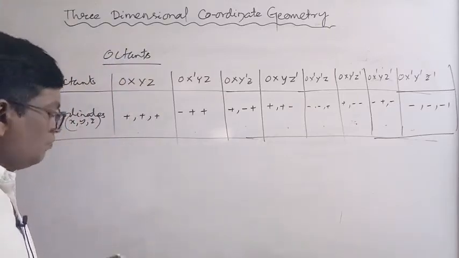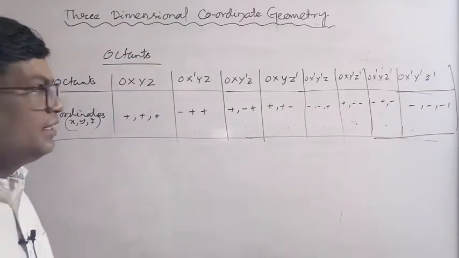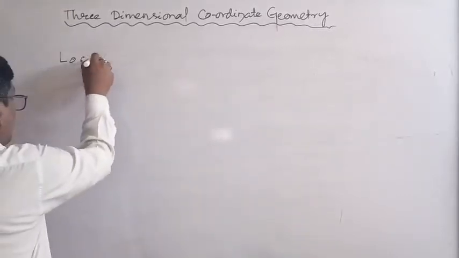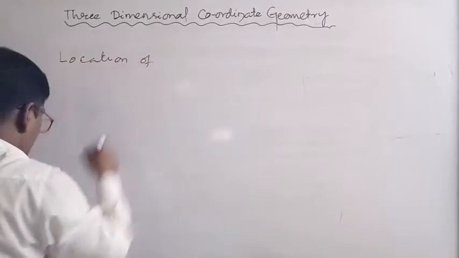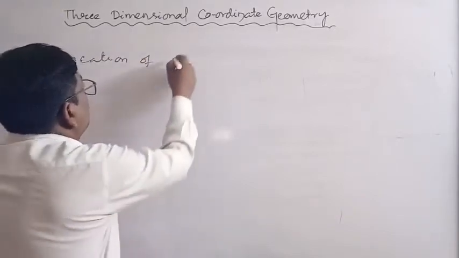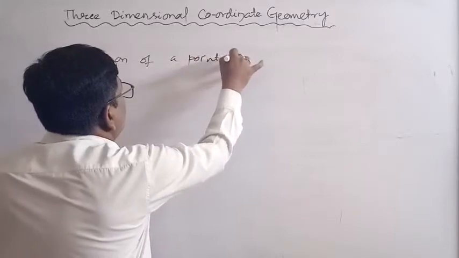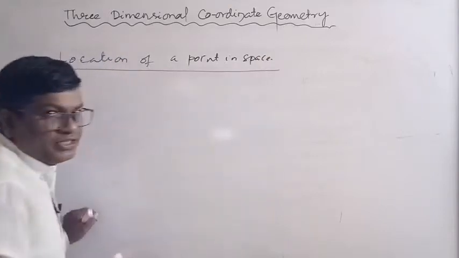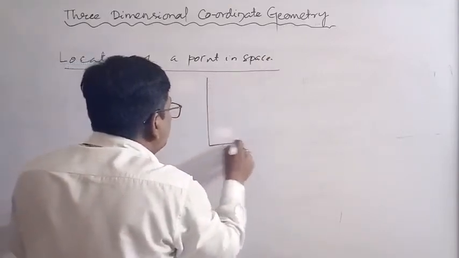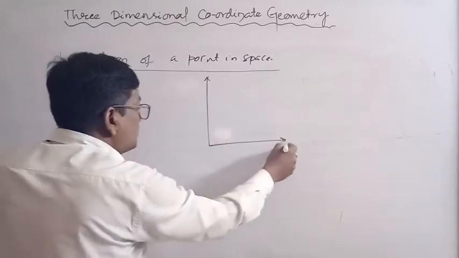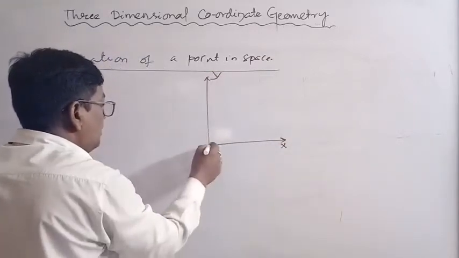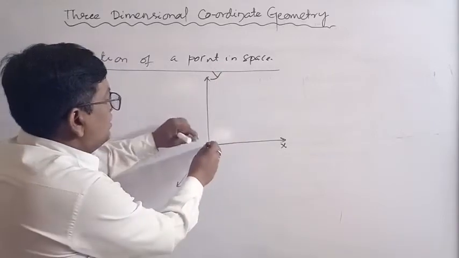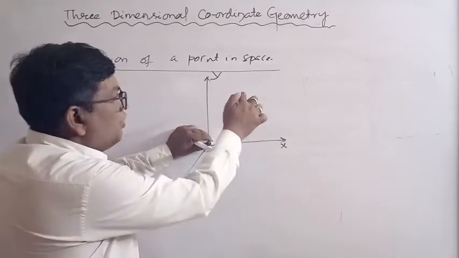Okay, now location of a point in 3D space. Location of a point in space, clear? So suppose this is the x, o, y, and this is the z axis. Suppose the system is like this and the point is here.